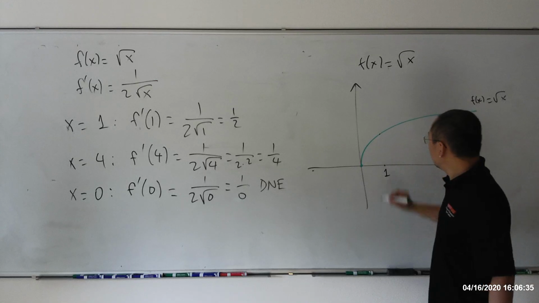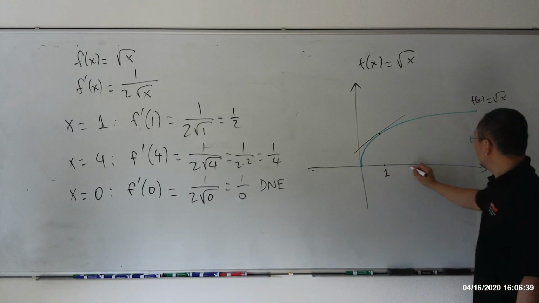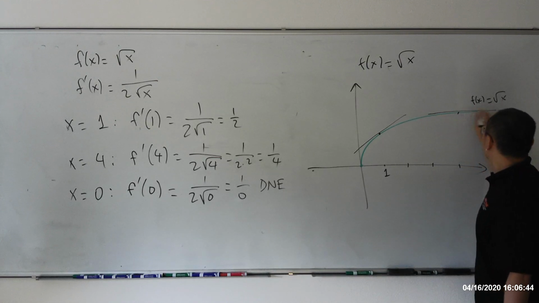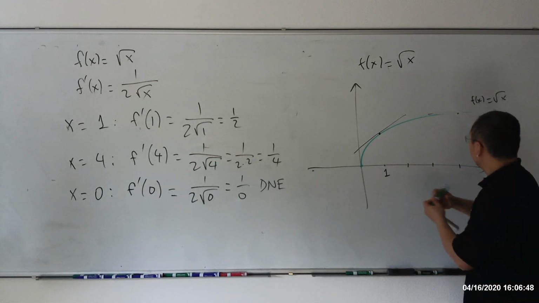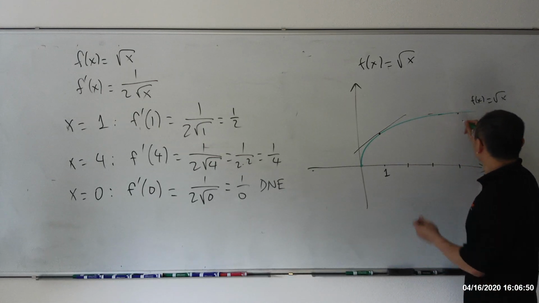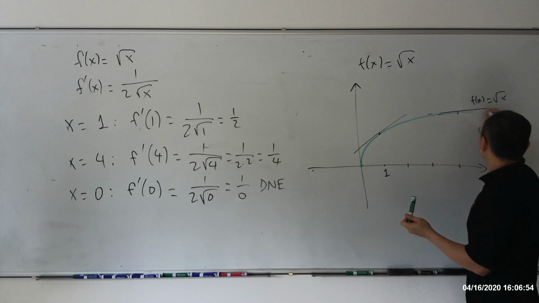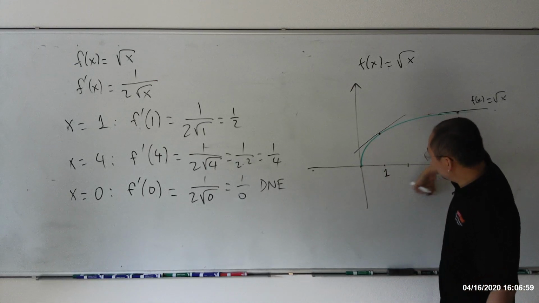This is the tangent line. Slope is 1/2. 2, 3, 4 is right here. Oh, I gotta draw it better. This is the line right here. And the slope of the tangent line is going to look like this. Slope is going to be 1/4. When x equals 0, the parabola goes this way, okay?